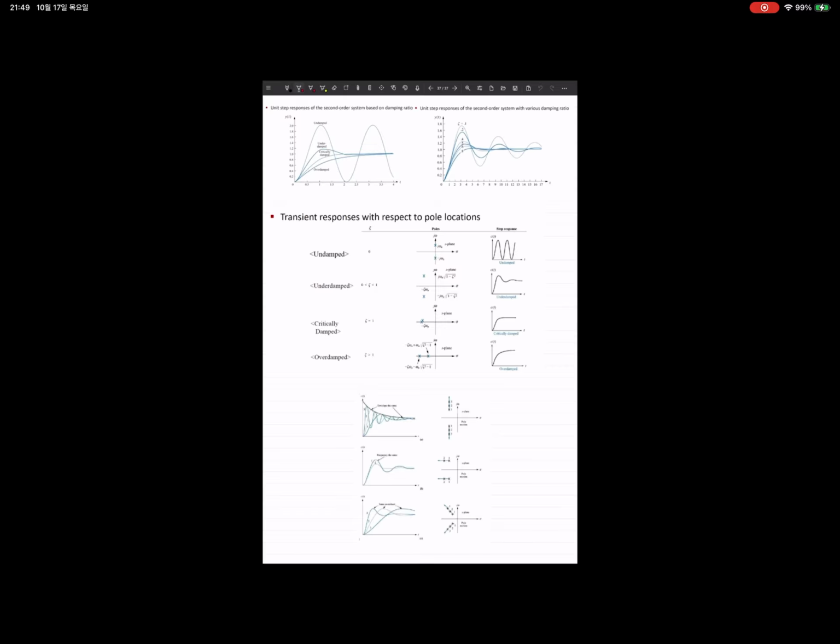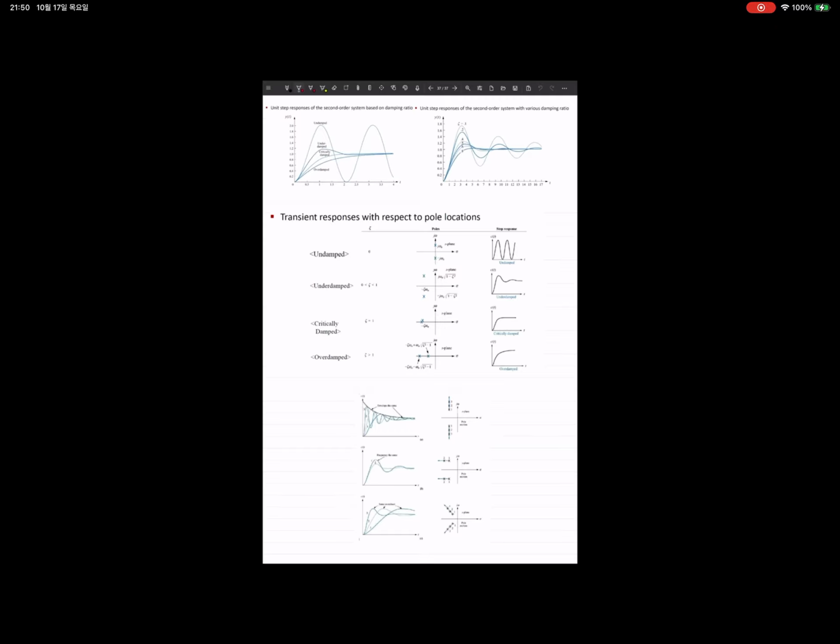In practical applications, only stable systems that correspond to the damping ratio larger than 0 are of interest. From the last figure, you can see more transient response characteristics based on the pole locations.